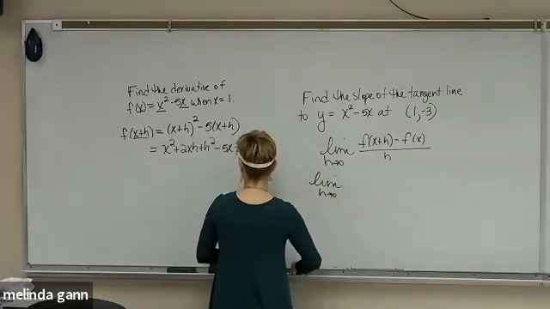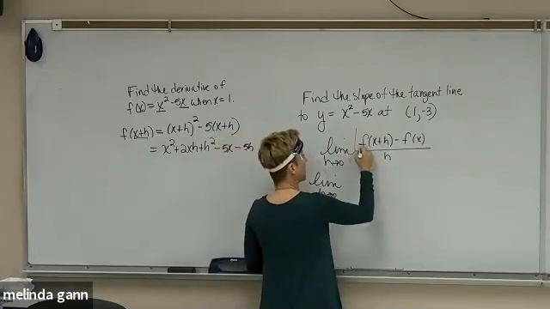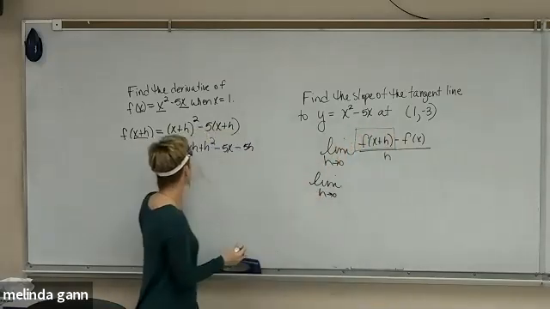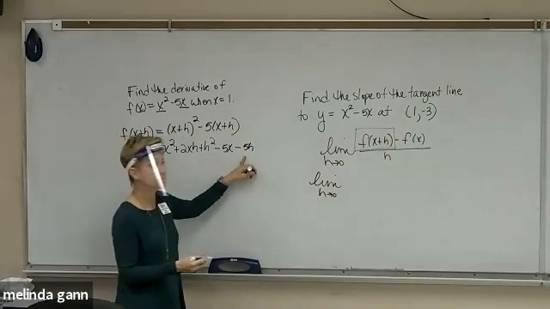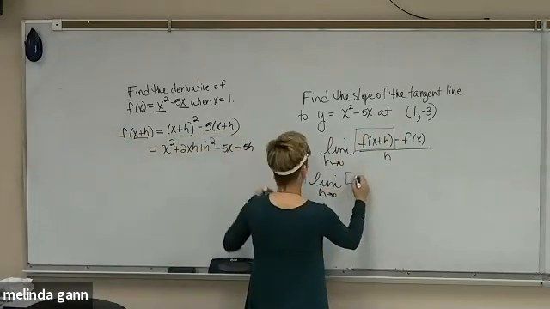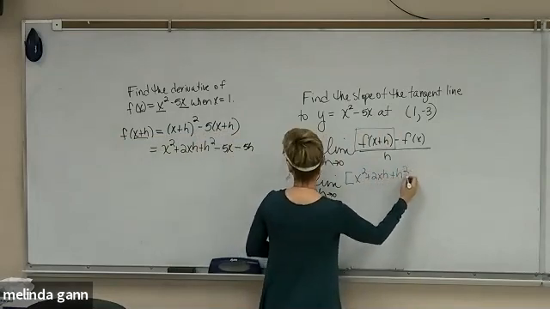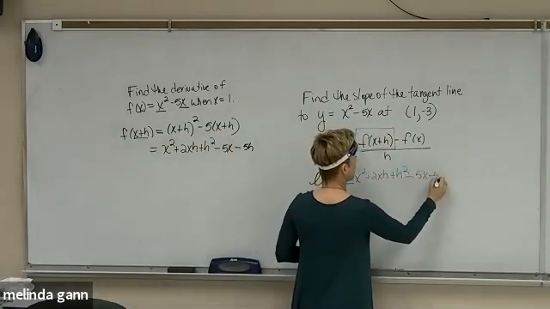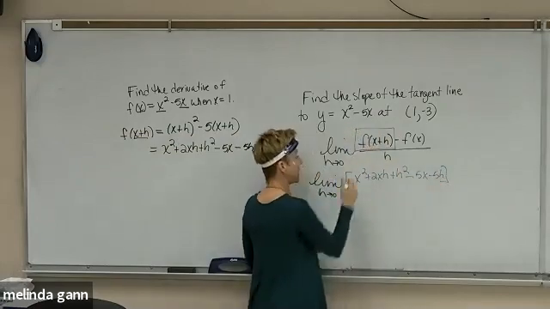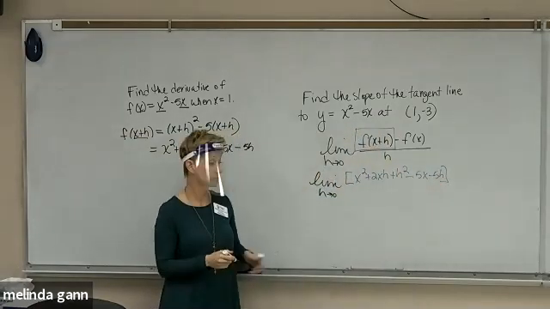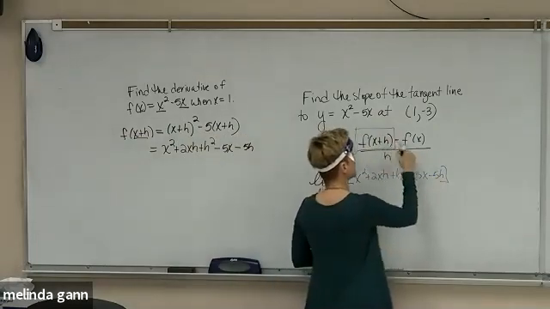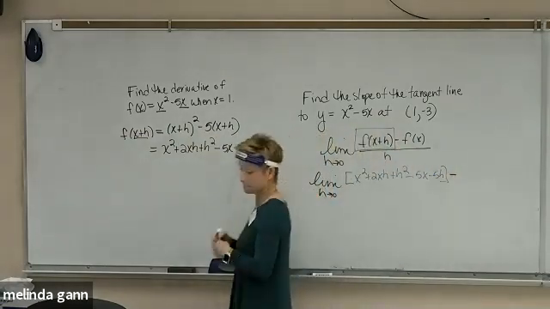All right. So does everybody understand that this f of x plus h is all this stuff right here? So I've got an x squared, a 2xh, an h squared, minus a 5x, minus a 5h. So that's my f of x plus h. And it says minus, so I put minus.